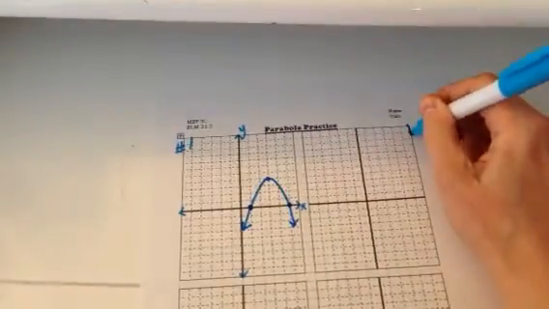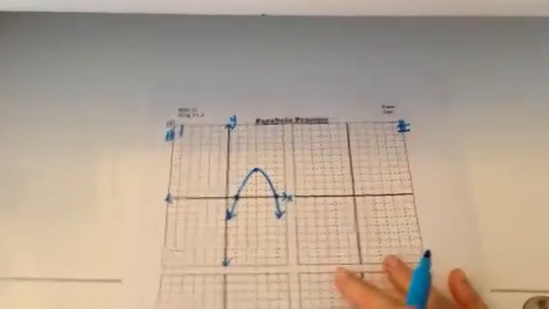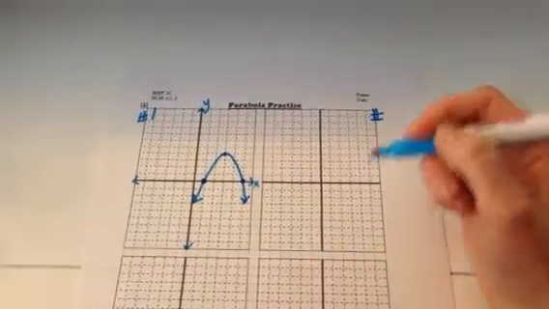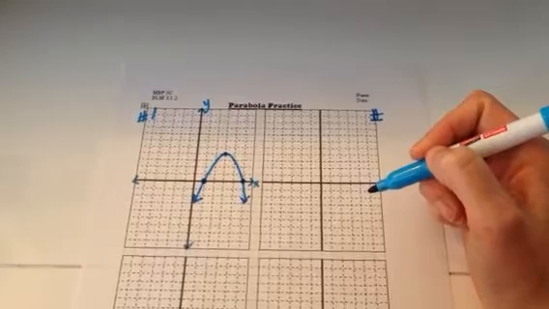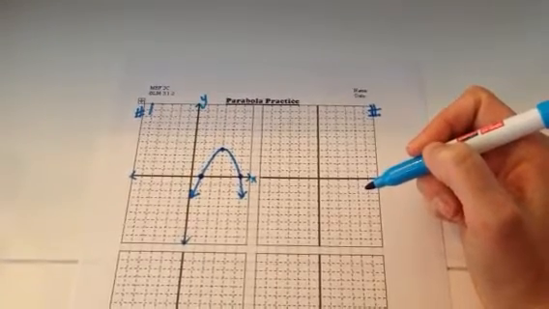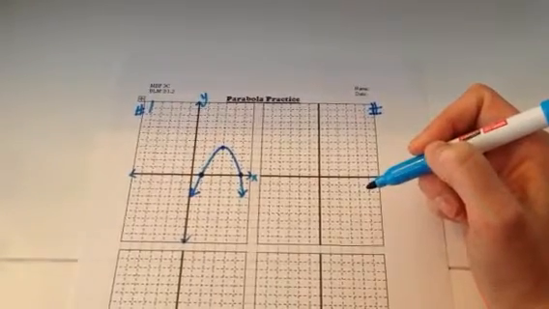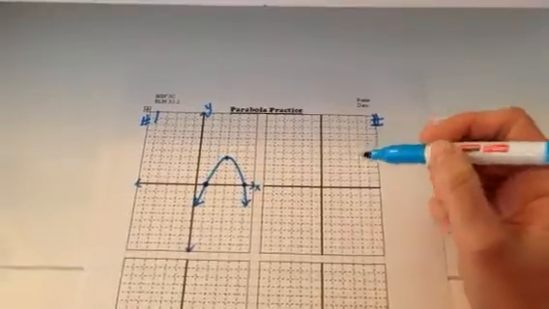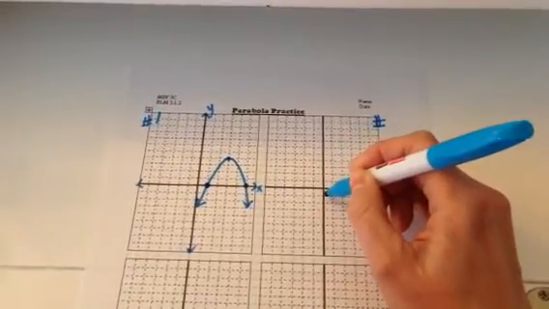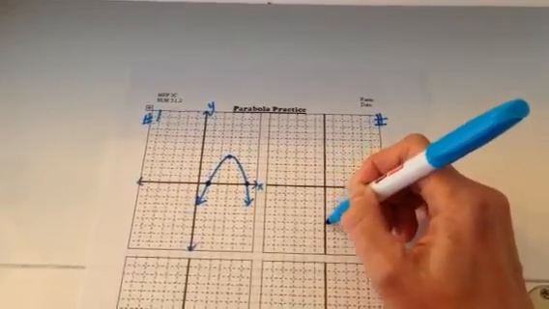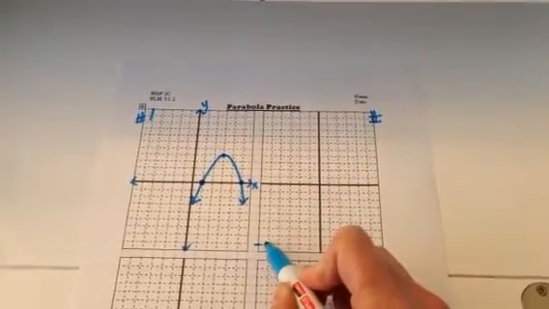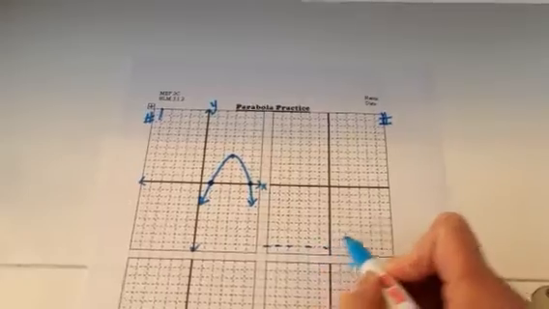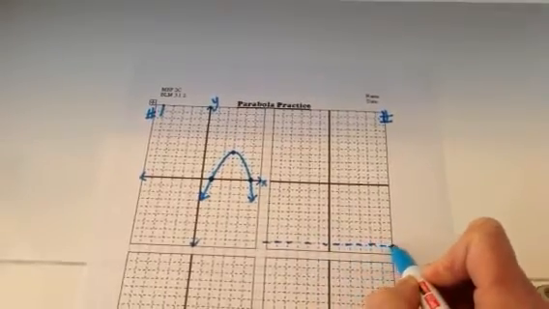Okay, let's move on to parabola number 2. It says draw the parabola with a minimum value of -8 and zeros at 2 and -2. We know it has a minimum value at -8: 1, 2, 3, 4, 5, 6, 7, 8.